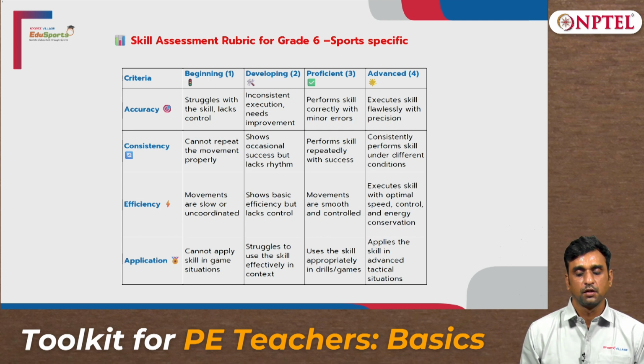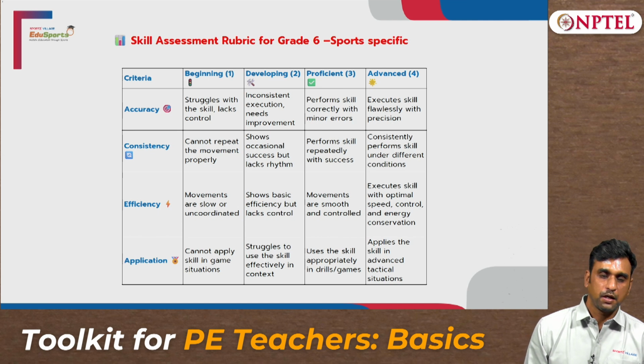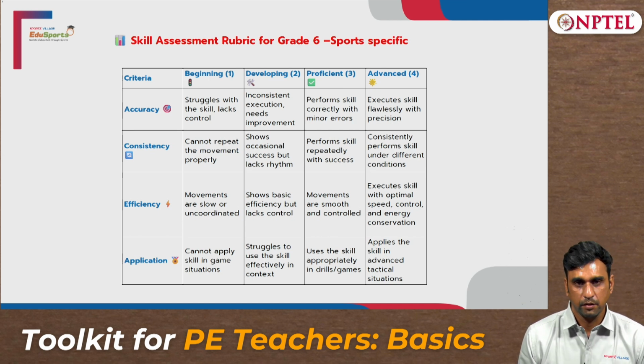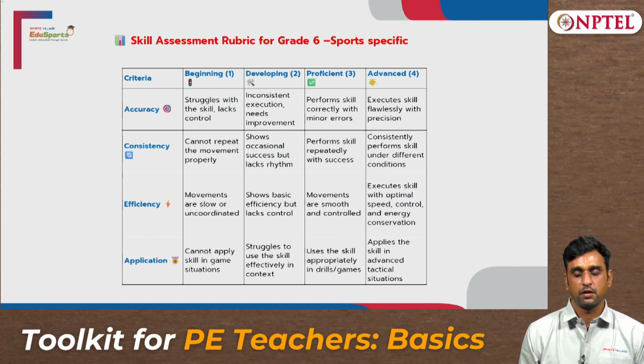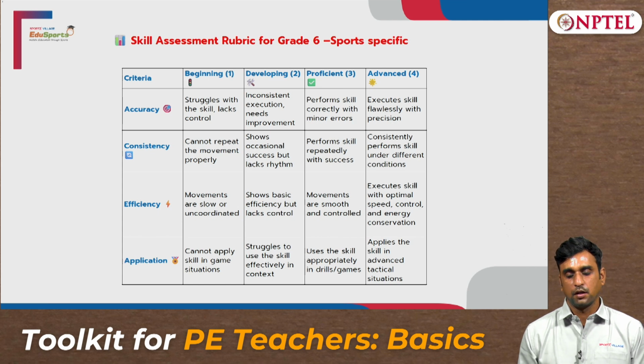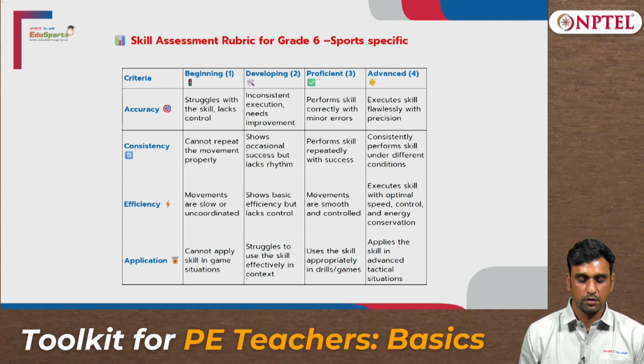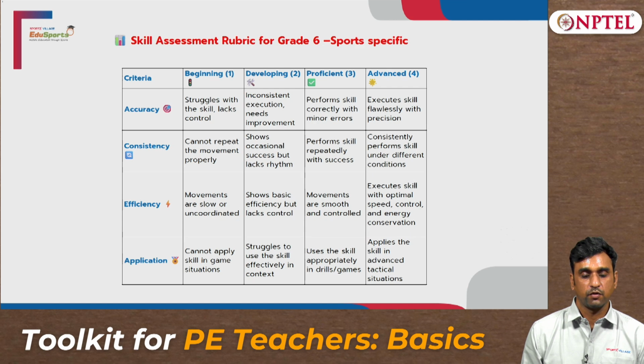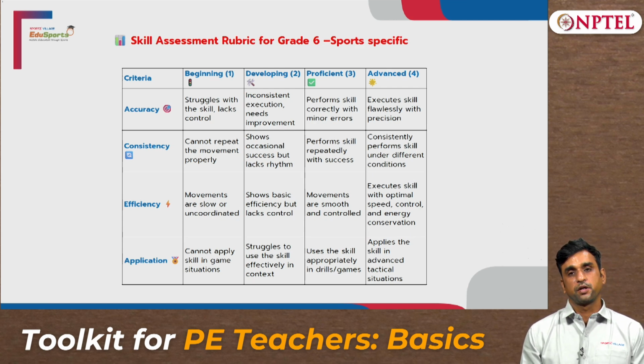And application: are they able to apply their skill in small-sided games, or in advanced tactical situations during actual competition matches, not just practice matches? So these are the 4 criteria for competence for a skill assessment rubric for grade 6.